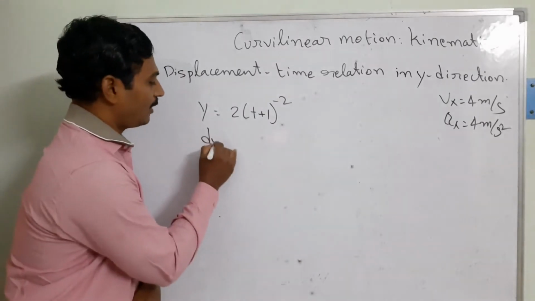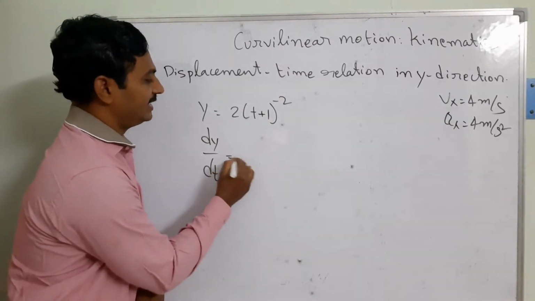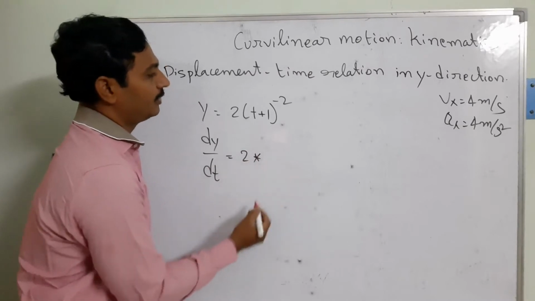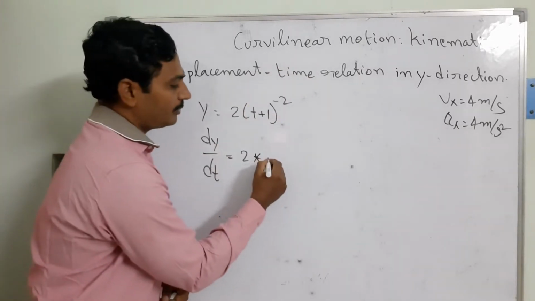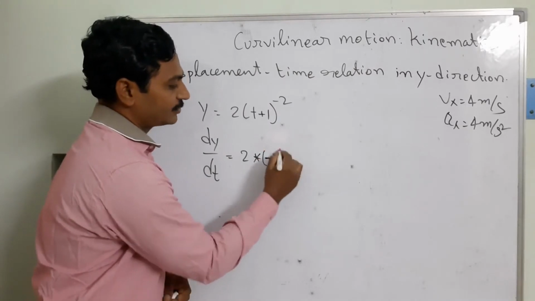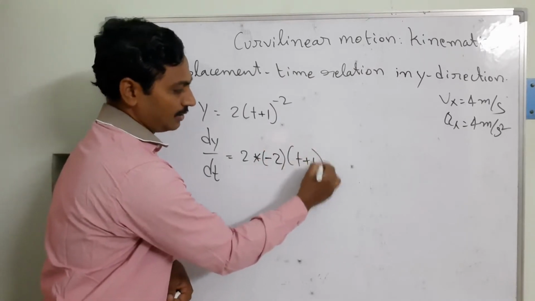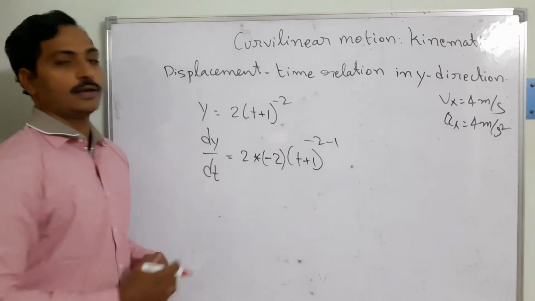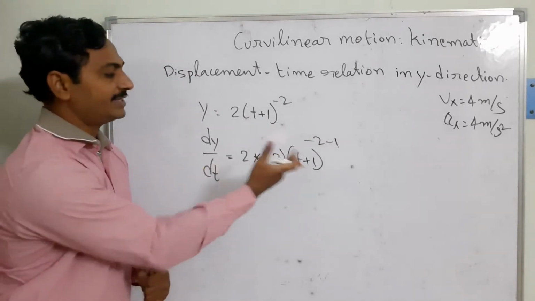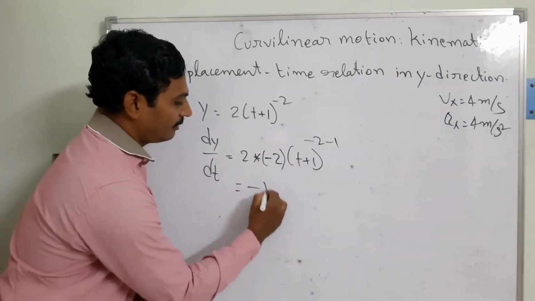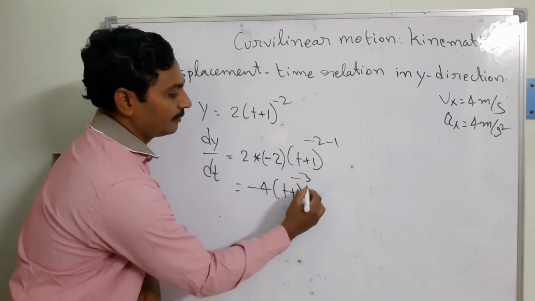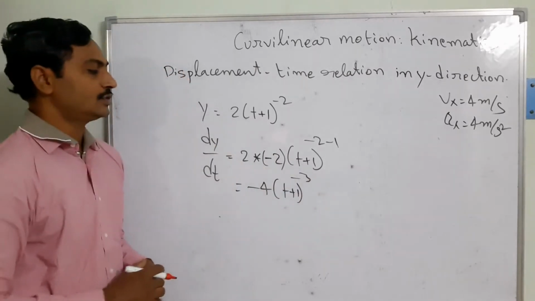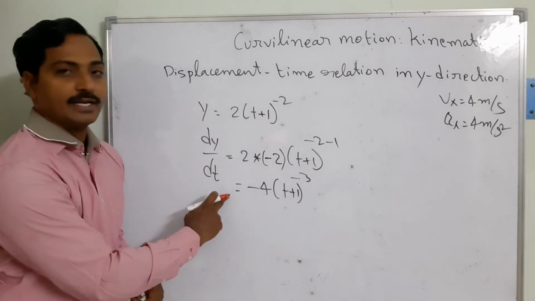That's going to be dy/dt is equal to 2u⁻². This is going to be u to the power of minus 2. When I differentiate, this is the minus 2, and this is (t + 1) to the power of minus 2 minus 1. Right? This is the derivative we are going to get. Finally, minus 4(t + 1)⁻³. So we are going to get the velocity.